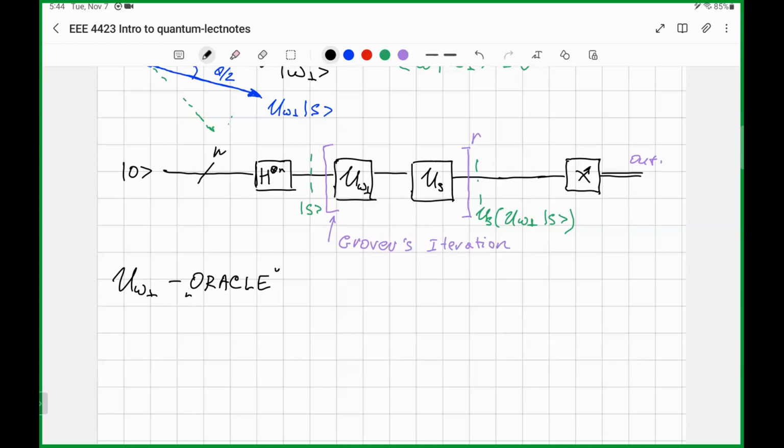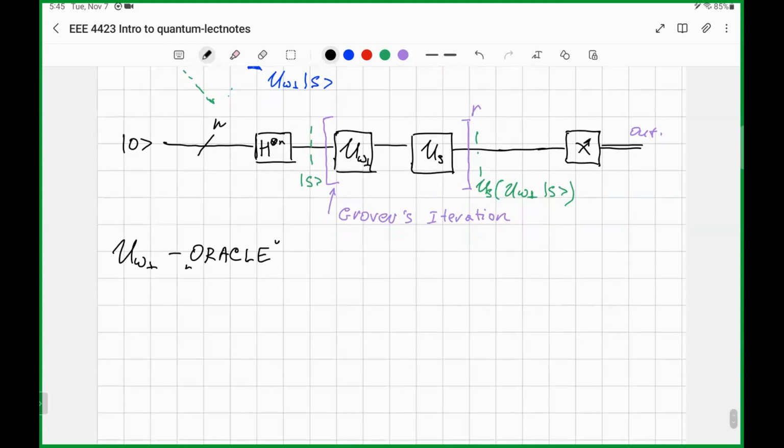You design the oracle in order to return the answer, either 0 or 1, depending on what element you are searching for.